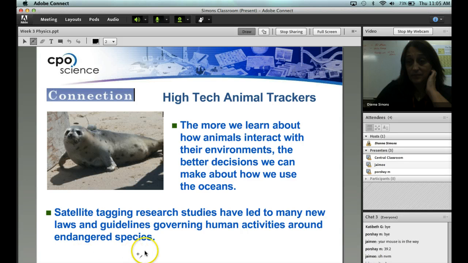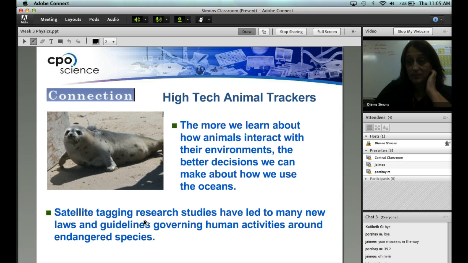All right, so this is the connection to the real world, and then we're done. The more we learn about how animals interact with the environment, the better decisions we can make about how we use the oceans. Satellite tagging research studies have led to many new laws and guidelines governing human activities around endangered species.